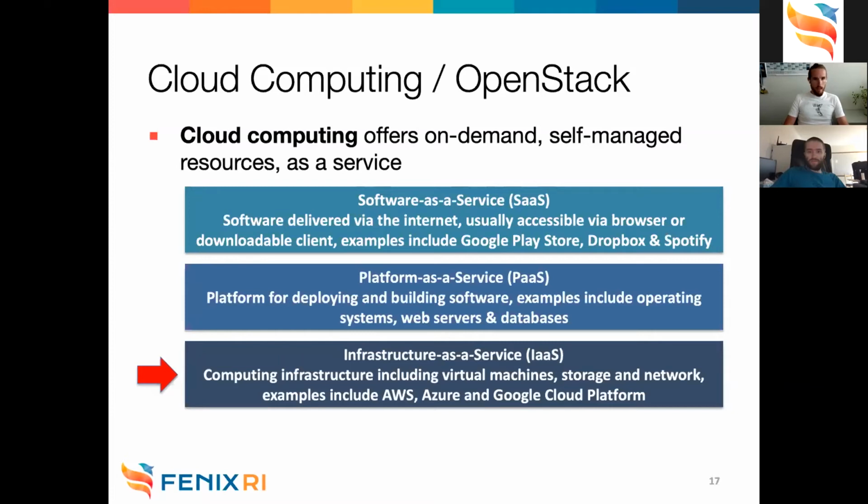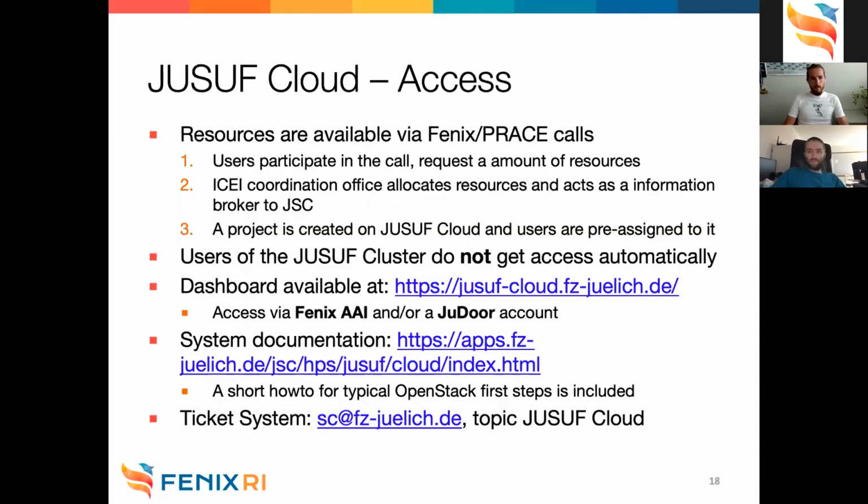How to access the cloud? The resources are made available via Fenix and PRACE calls. So you usually have to apply for a specific amount of resources. As I said before, you give a number of CPUs, some amount of memory and block storage, and you will hopefully then receive the okay from Fenix.